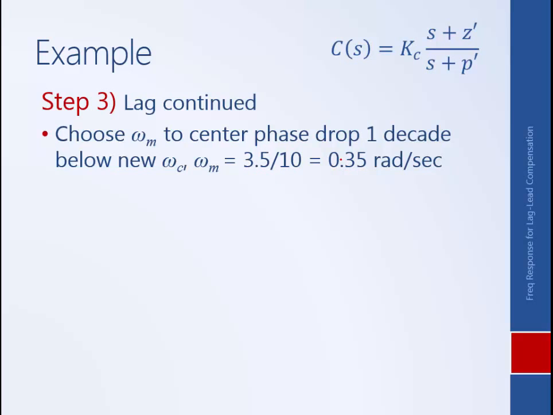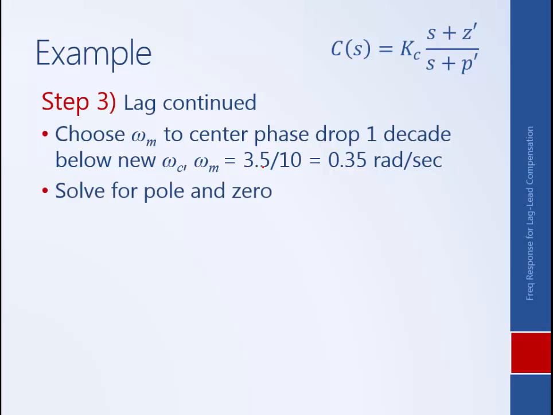So that's where we're going to try to place the center of the zero and pole, so that the phase lag is away from our new crossover frequency. We could try a larger factor than 10. The problem with that is that it tends to add a slow pole, which is detrimental. It makes the system response slower.